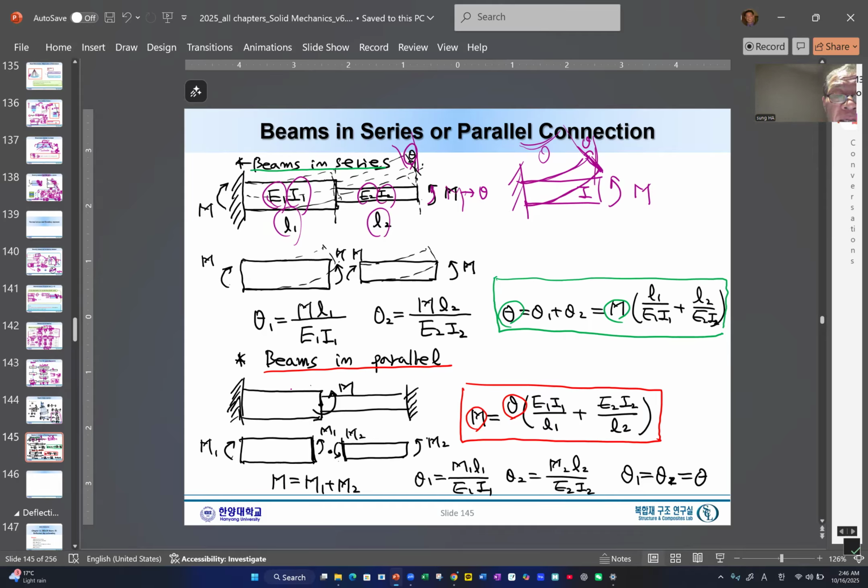The reason is that when we apply the moment, by equilibrium, there will be a reaction moment as well. So this moment and this moment will be the same. And even if we cut this cross section, there will be an unknown moment, but from the equilibrium, we can easily see that it will be the same moment as that one.